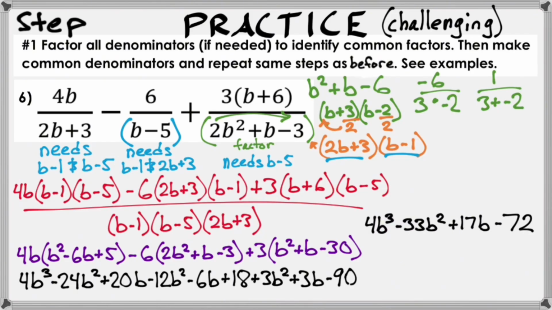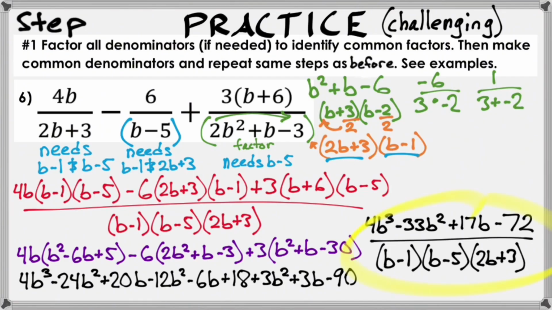Your denominator is the three factors that you just got, which are remaining unchanged. So this is your final expression, and I don't think I wrote down the domain value, so I'll just do that on the spot right here. Your domain cannot be equal to a positive 1, a positive 5, and a negative 3 over 2.